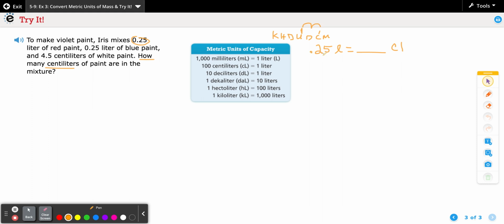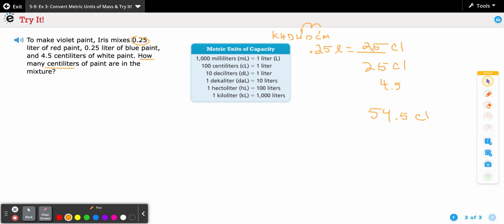That decimal point is going to move 2 jumps to the right, so that is 25 centiliters of red, 25 centiliters of blue, and finally 4.5 centiliters of, what is that, white. So we have 3 mixes, red, blue, and white. Add those all together, we get 54.5 centiliters.